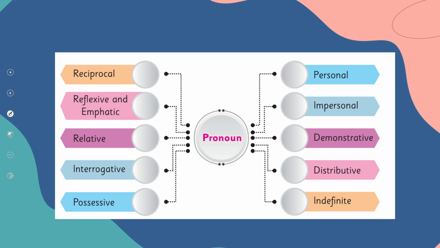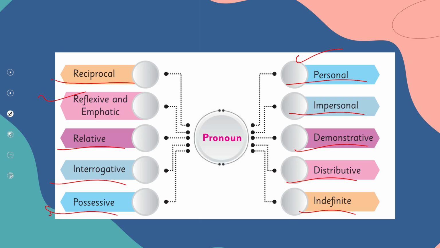First, let's start here, personal pronouns. Then we have impersonal pronouns, demonstrative, distributive, indefinite. Here we have reciprocal, reflexive or emphatic, relative, interrogative, and possessive.